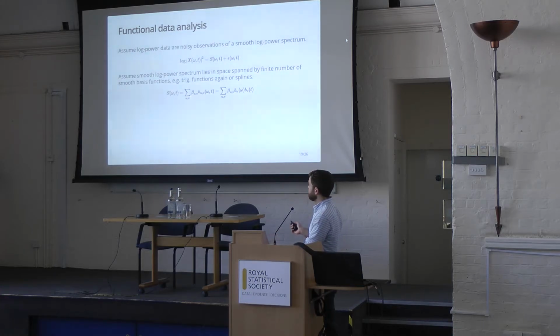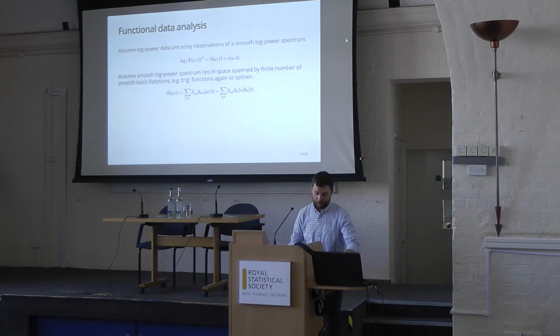You can say that they are formed by a linear combination of smooth functions, where this little b, a function of frequency and time, is a smooth function, and this is just a coefficient multiplying it. So if S is just a linear combination of smooth functions, it is smooth itself. It also turns out to be very convenient if these smooth functions can be factorized into functions just of omega and just of t.